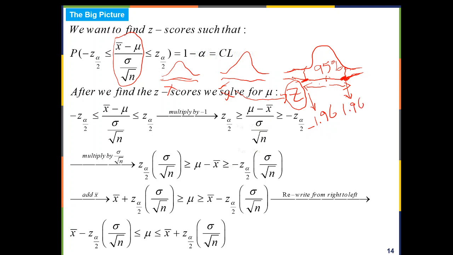So the 2 numbers on the standard normal distribution that have 95% in between are negative 1.96 and 1.96. That means if you go to the right not 2 standard deviations, but 1.96 standard deviations, then you can capture 95% of any standard normal distribution.